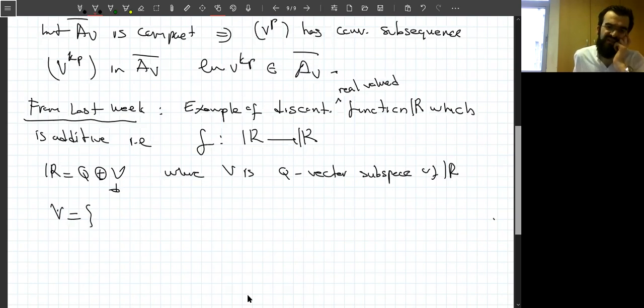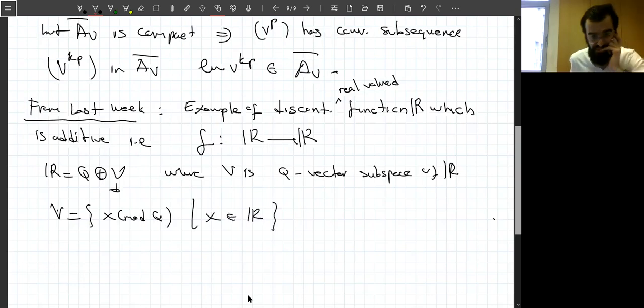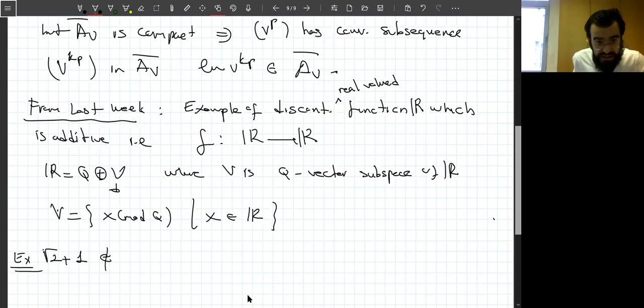I define V as the set of x mod Q, x in R, a real number. I mean, for example, this is a rational number.